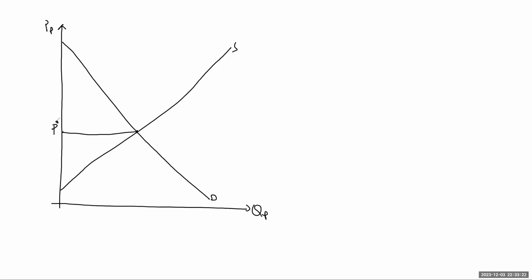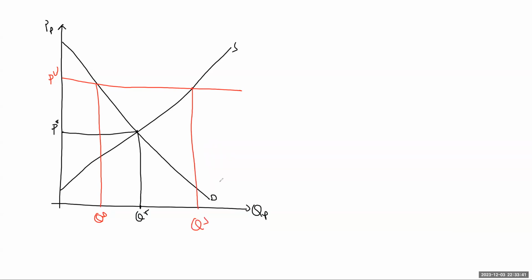This is P star, Q star, and this is the exporter, PW. This is quantity demanded domestically, quantity supplied domestically.